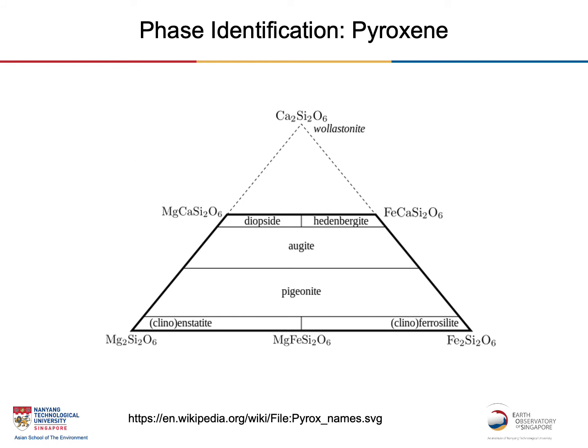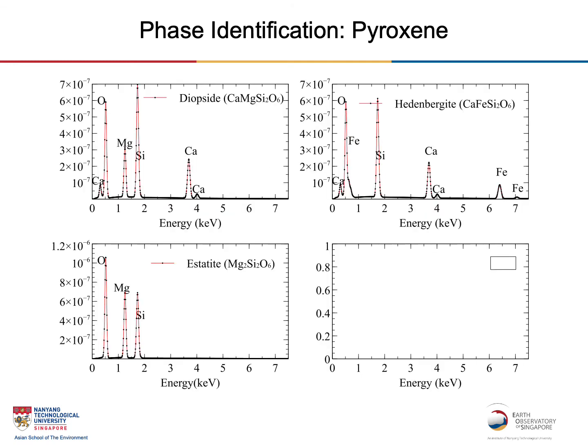One last case, probably the identification of the pyroxene member, whether it's augite, pigeonite, orthopyroxene, or clinopyroxene. In this case, the general formula of the pyroxene has 2 metallic cations that occupy the M site, and 2 silicon that occupy the tetrahedral site.